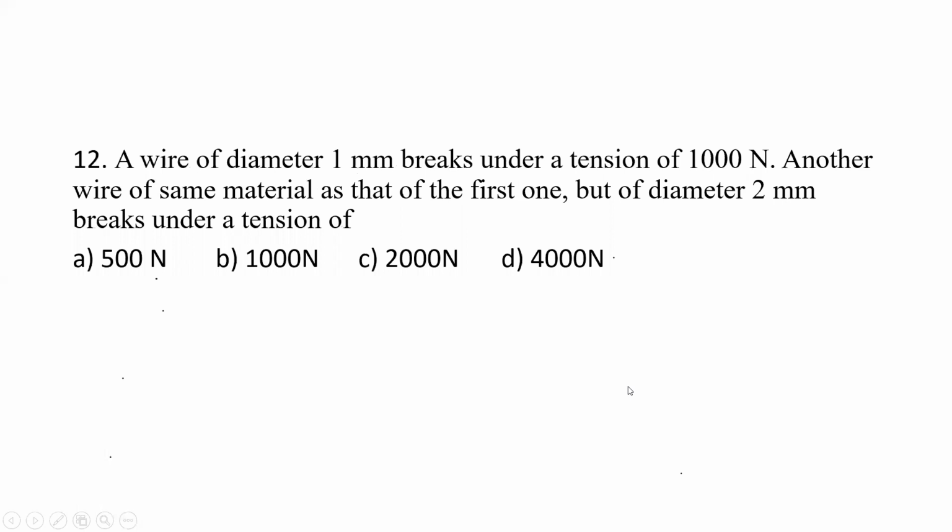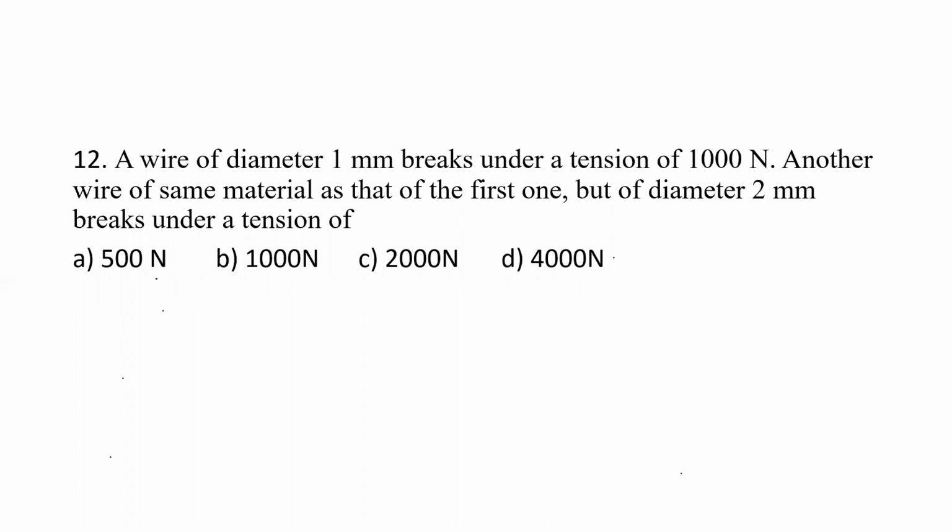Next. A wire of diameter 1 millimeter breaks under a tension of 1000 Newton. Another wire of same material as that of first one, but of diameter 2 millimeter, breaks under a tension of.